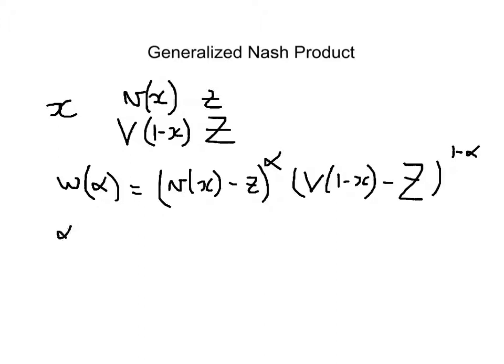Alpha is, by the way, a number between 0 and 1, and so is x in this framework. So here I'm trying to maximize the product of utilities, which is the same thing as maximizing the sum of the logarithms. So I'm trying to maximize the following expression.